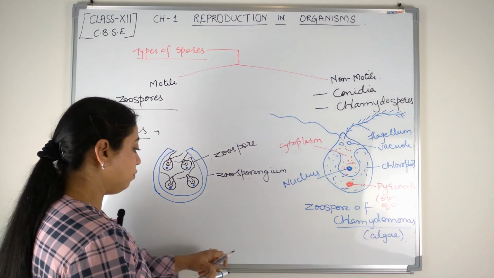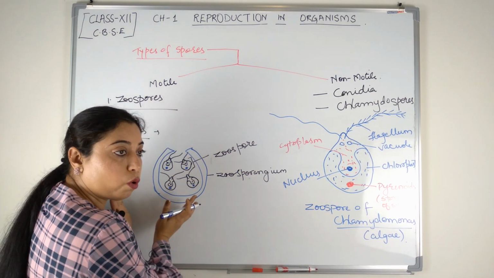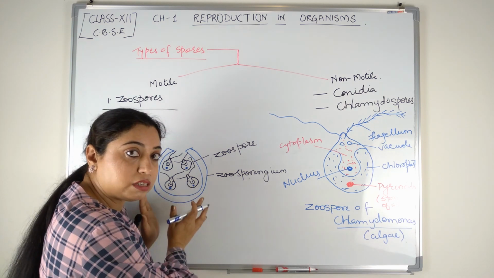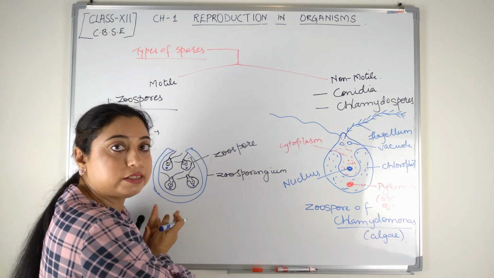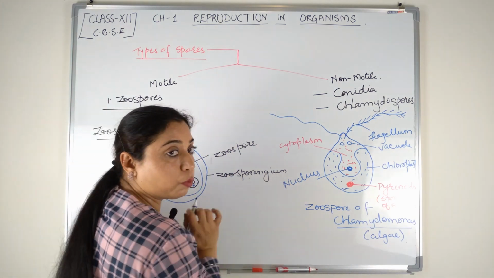First of all, as I've already told you, zoospores are produced inside a covering or a sac-like structure. This parental sac is known as zoosporangium.